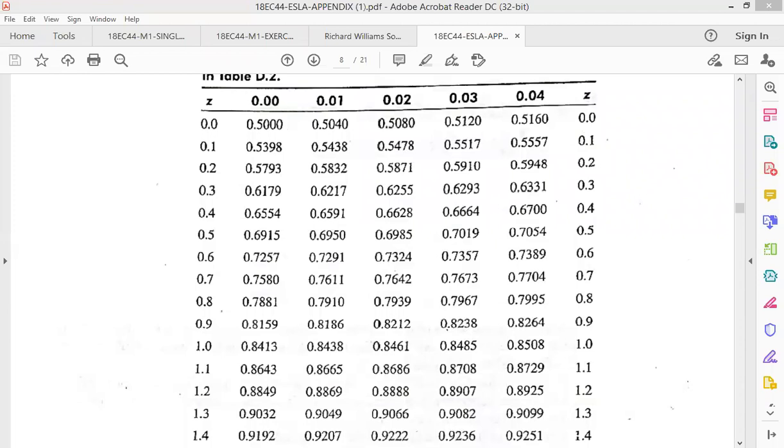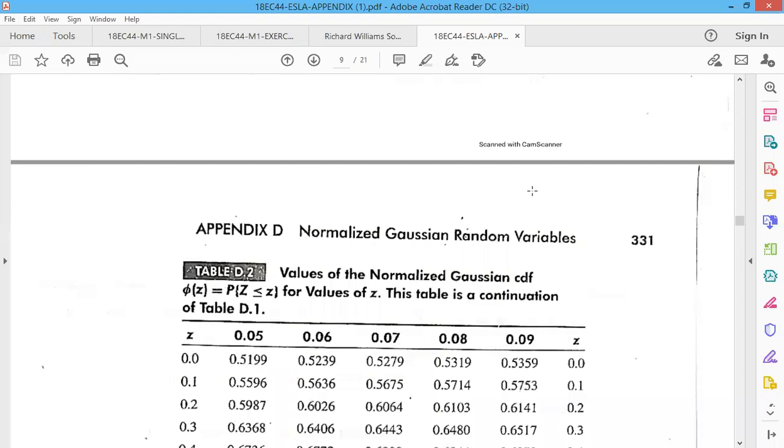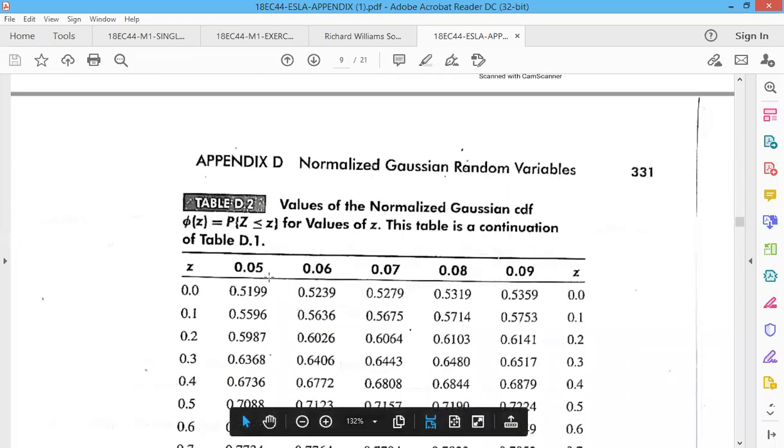After noting that down, you can see that it is not exactly equal to the value that has been given. In the corresponding row available on the next page, for 0.3 plus 0.05, that is 0.35, we have 0.6368.